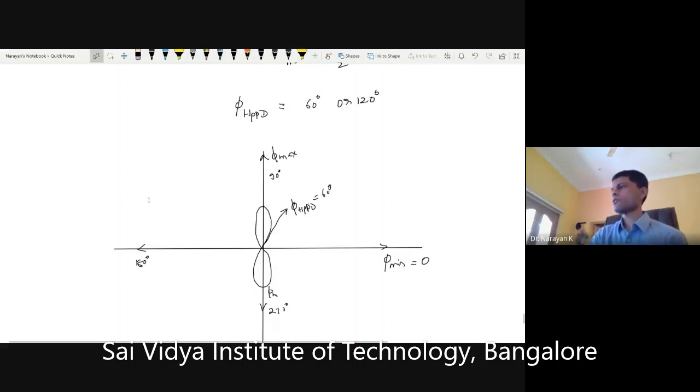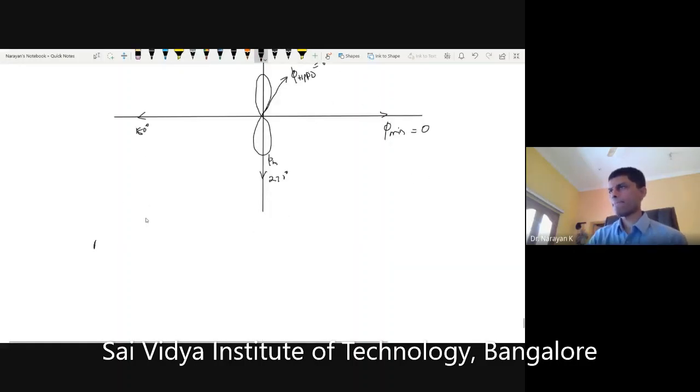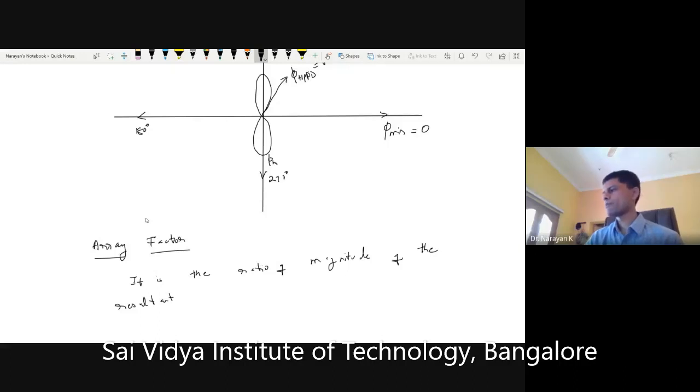Okay, there's one more small term known as the array factor. It is the ratio of magnitude of the resultant field to that of maximum field.